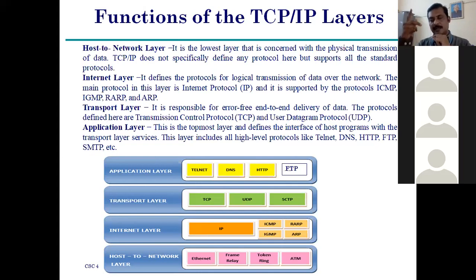HTTP is a universal protocol, so there is a universal-level text name or IP address. For example, the universal address is http slash or shttp. S means security, secure hypertext transfer protocol. Nowadays HTTPS protocols are used, right? So hypertext transfer protocol is used for web documents and web designing purposes.